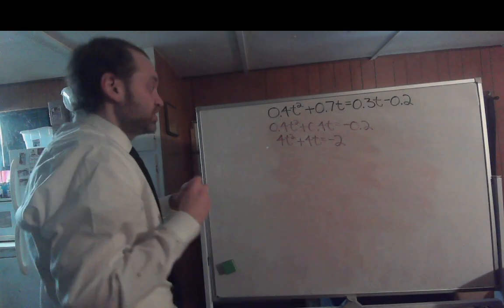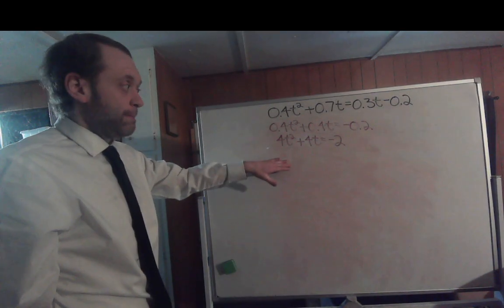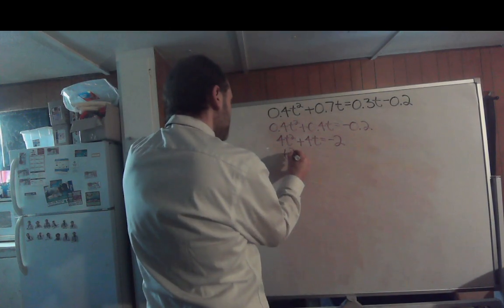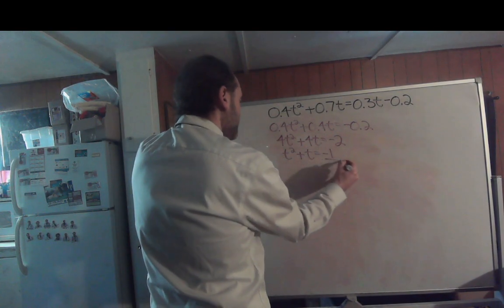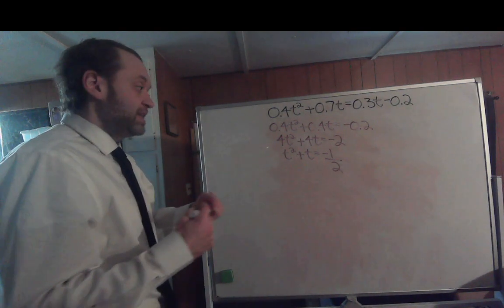Now the coefficient on your t squared term is 4, so you got to divide everything by 4, which would end up giving you t squared plus t equals negative 1/2. So I converted it into fractions at the worst. Beats a decimal, right?